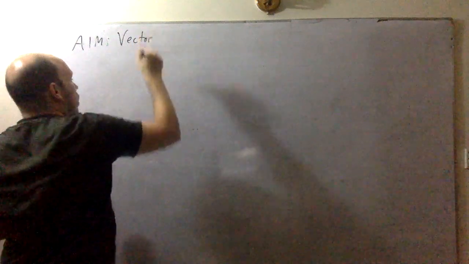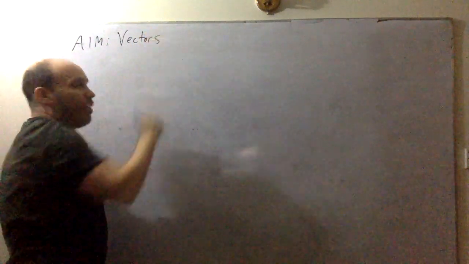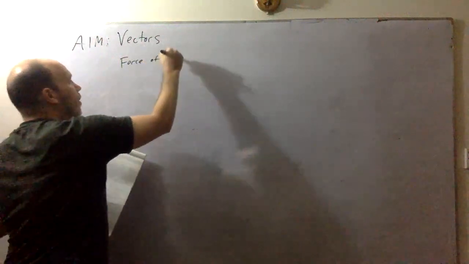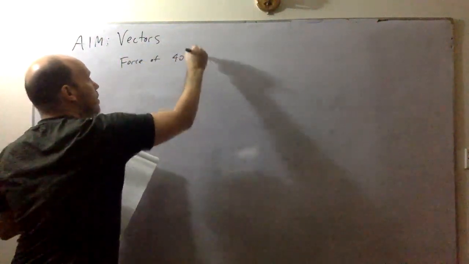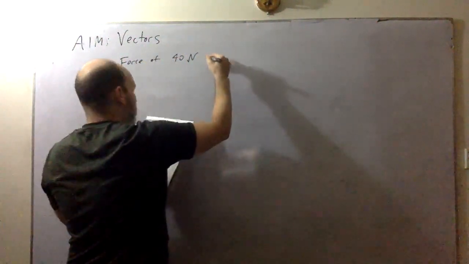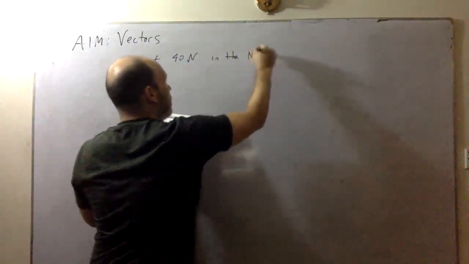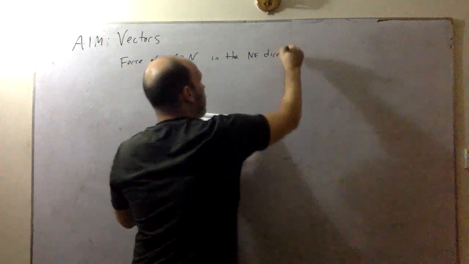Okay, so let's start vectors, the next unit. You might be asked in your physics class to draw a diagram representing a force of 40 newtons in the northeast direction.